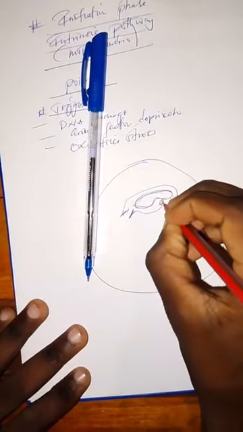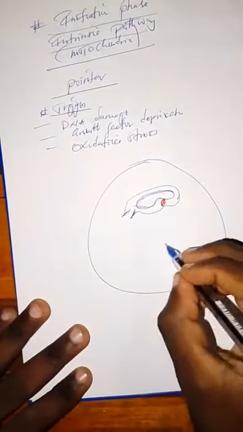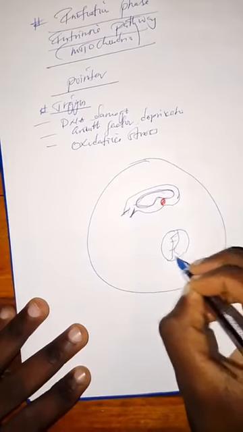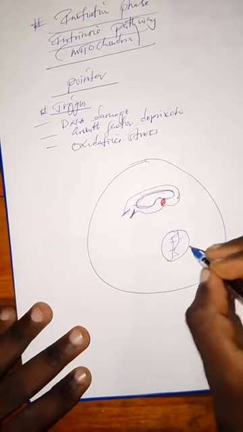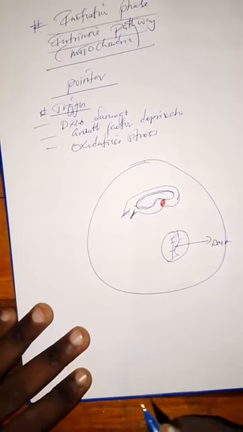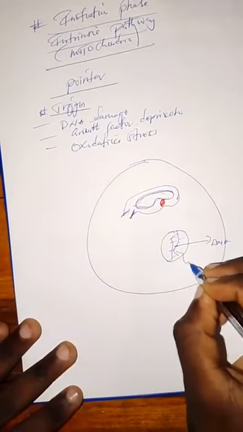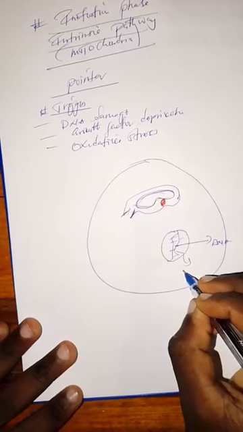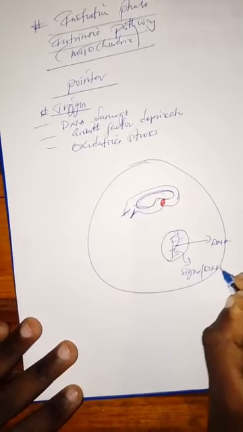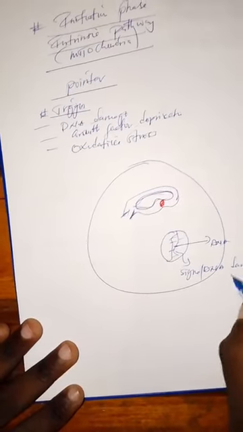Here we have a nucleus, and there we have the DNA, the deoxyribonucleic acid. The signal will be coming from here, which is the signal of DNA damage in the nucleus.